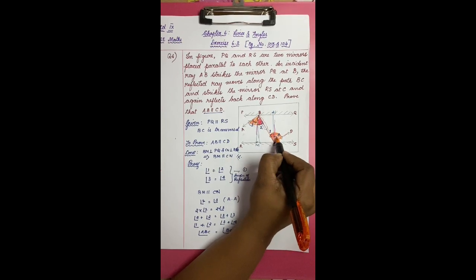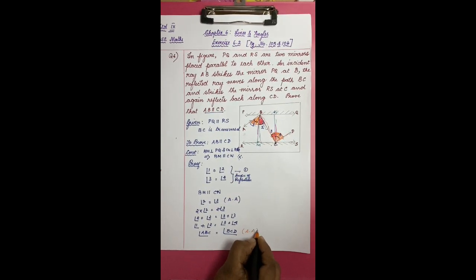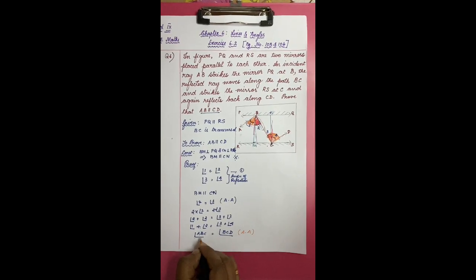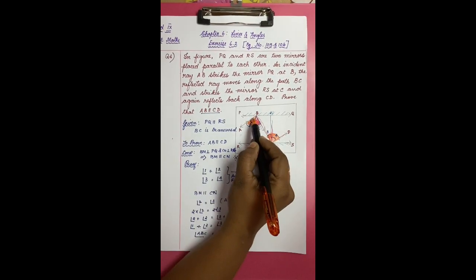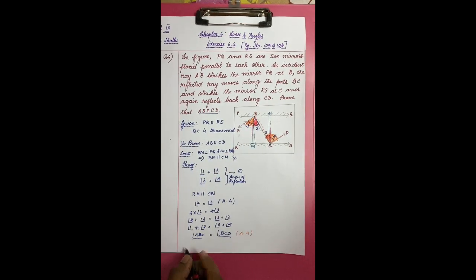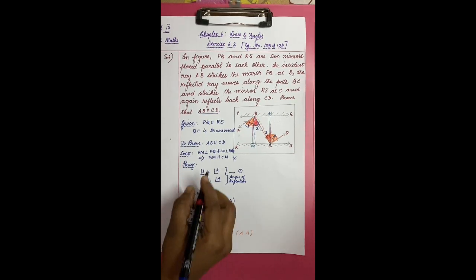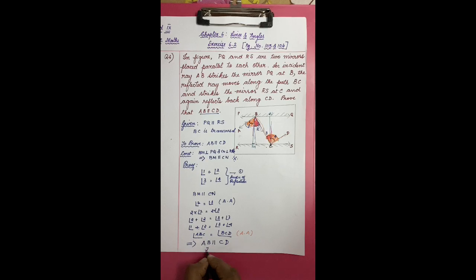So what angles are they? They are alternate angles. When alternate angles are equal, what can we say about the two lines? That AB and CD are parallel. So this implies AB is parallel to CD. That is what we were supposed to prove. So, thus proved.